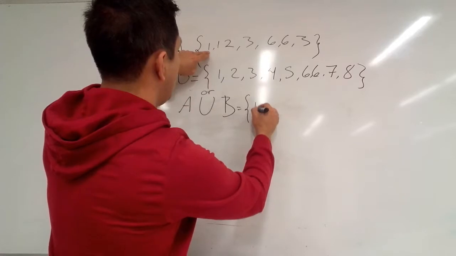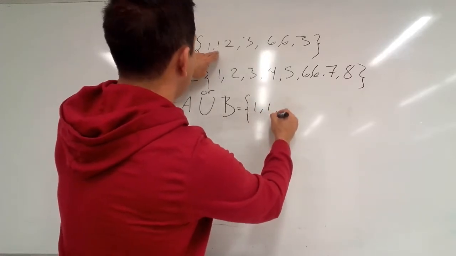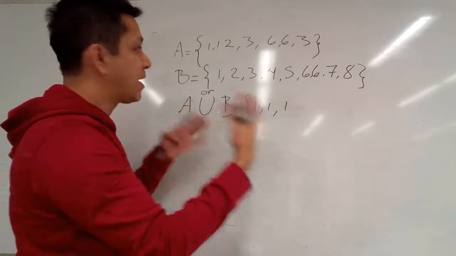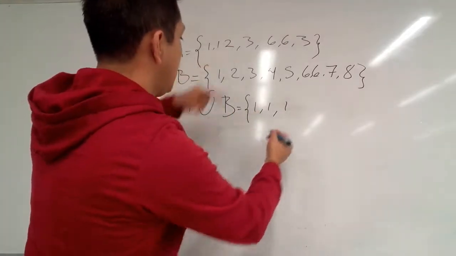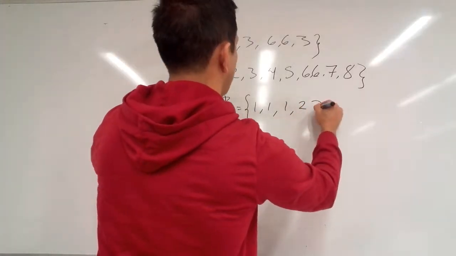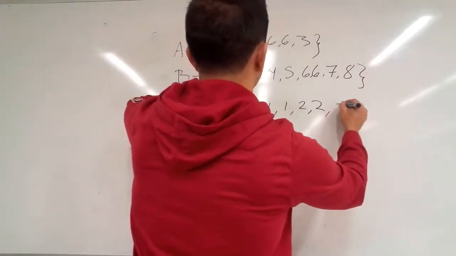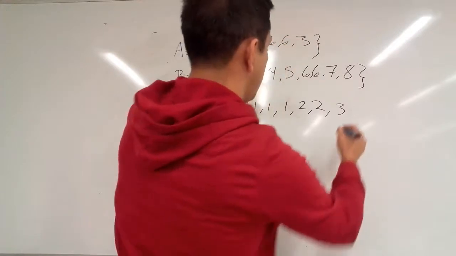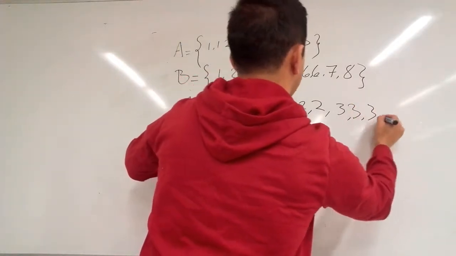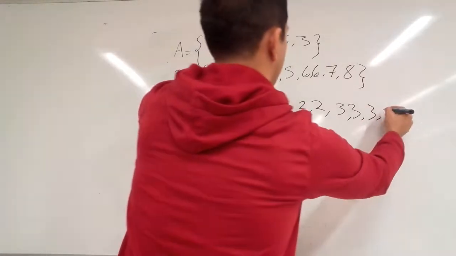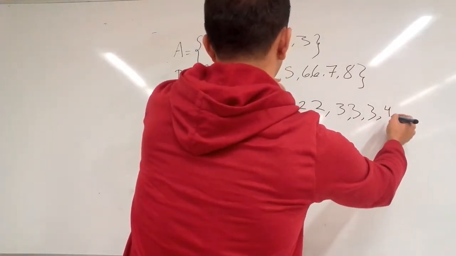So we will have 1, 1, because we are making one addition of these two sets. We also have the number 2, which appears 2 times. The number 3 is 1, 2, 3. And the number 4, 1 time.